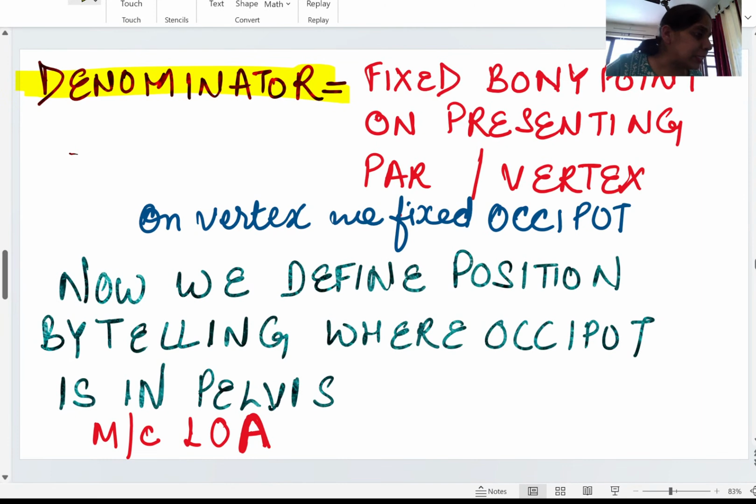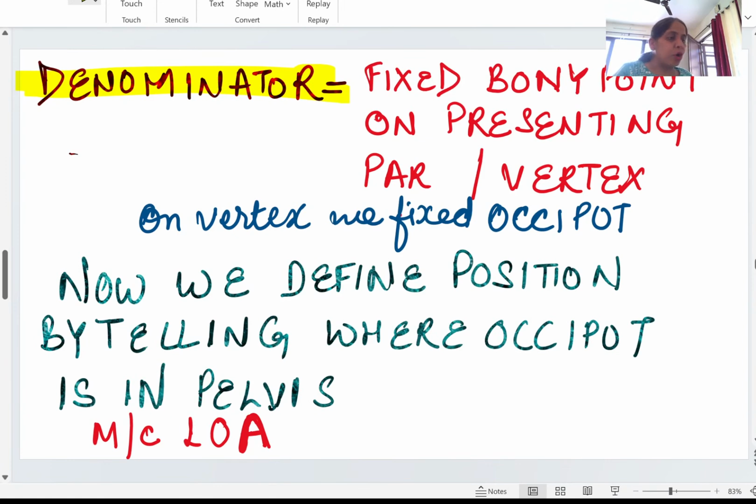What is the denominator? The fixed point of a presenting part, because here we are talking about vertex. So that we can tell the position, so that we can tell where the fetus is.